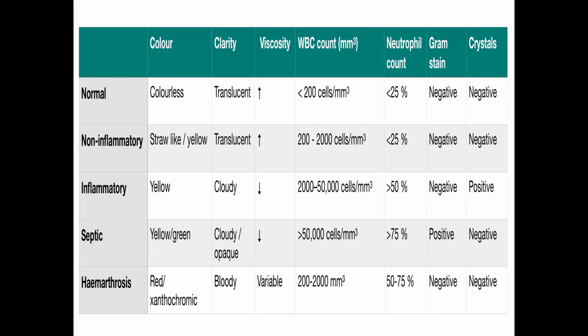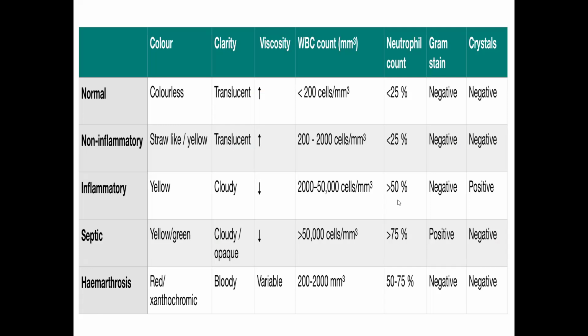Synovial fluid in normal patients, non-inflammatory arthropathies, inflammatory and septic, and hemarthrosis. As you see here, with septic, you have a neutrophil count of more than 75%, and Gram stain is positive.